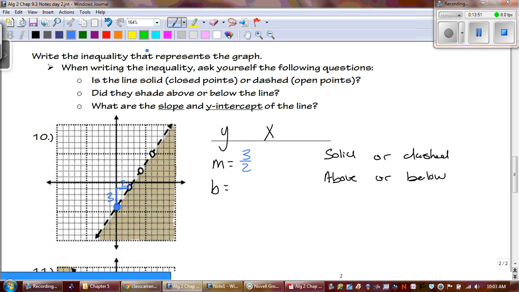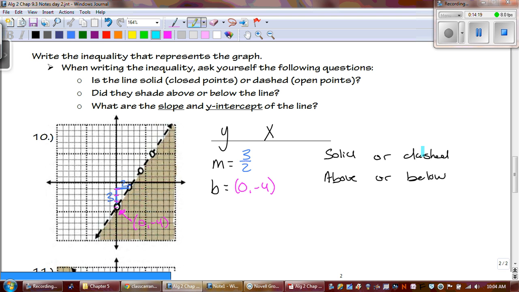Now the y-intercept is where we start. It's where we begin. And we begin at the point -1, -2, -3. That's 0, -4. So 0, -4. And now, ask ourselves, is it a solid or is it a dashed line?